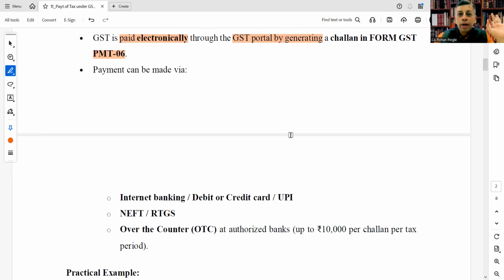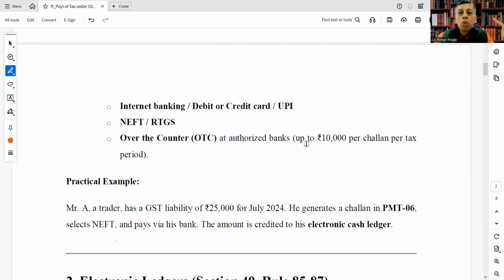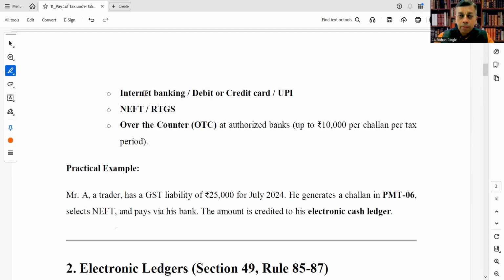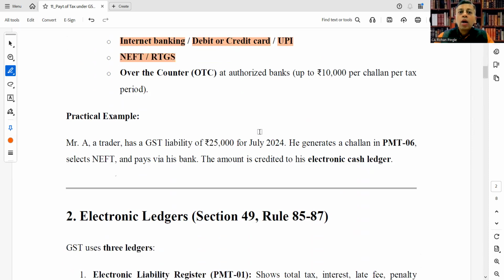Payment can be made via internet banking, debit or credit card, UPI, NEFT, RTGS, and over the counter at authorized banks up to rupees 10,000 per challan per tax period. There is a limit for over the counter challans.